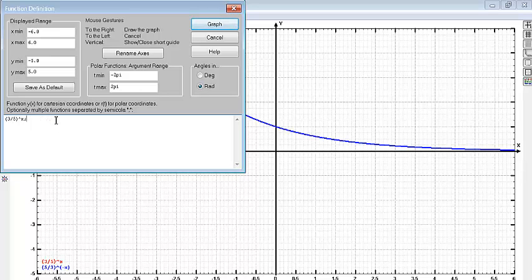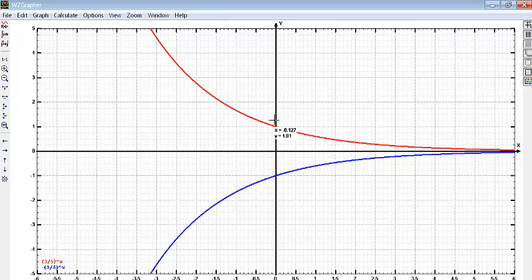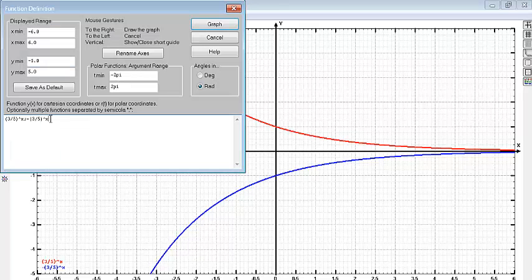Okay. The first thing we're going to do is put a negative sign out in front. So we'll have negative 3/5 to the x power. And that should reflect it across the x-axis, which it does. You can see there, this is the original function. This is the reflection. And then the final thing we're going to do is negative 3/5 to the x plus 4.